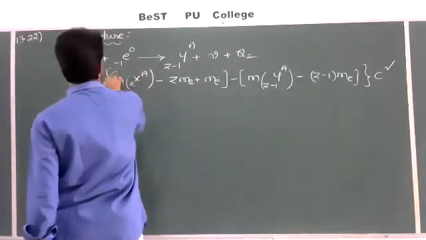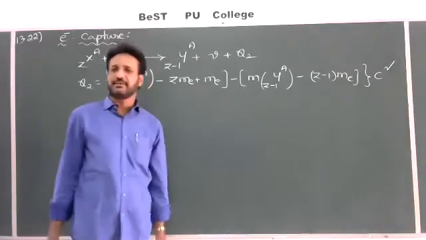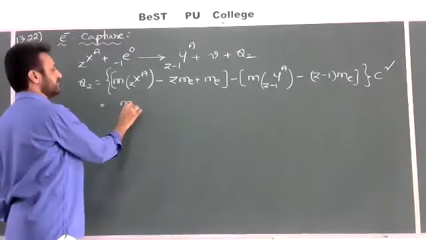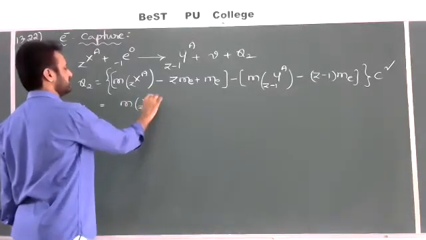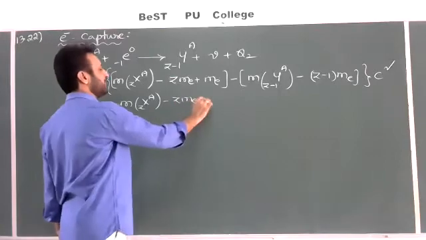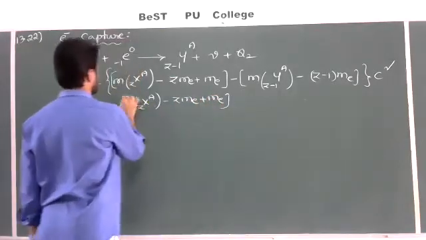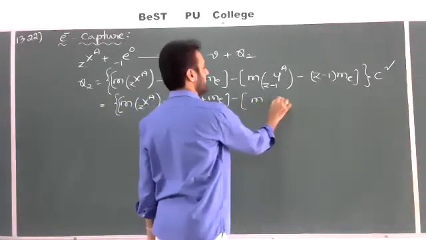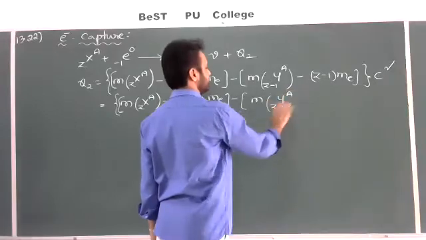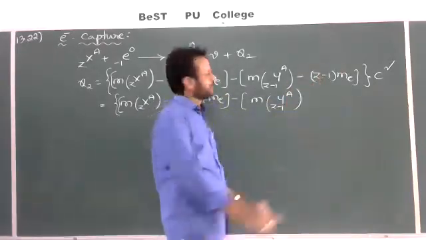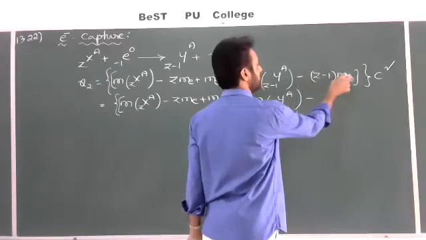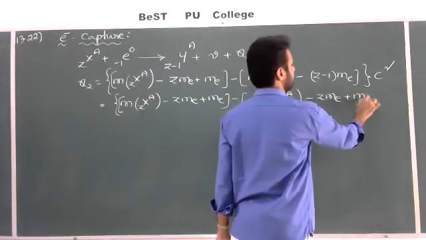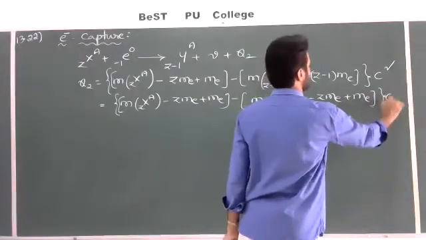According to Einstein's mass energy equation, Q is equal to delta m into c square. Then write and simplify this one. M of XZA minus ZMe plus Me, I'll write one more step, no problem, minus M of Y Z minus 1 A. Here if you simplify this one, minus Z into Me is equal to minus ZMe, minus of minus plus Me, into c square.